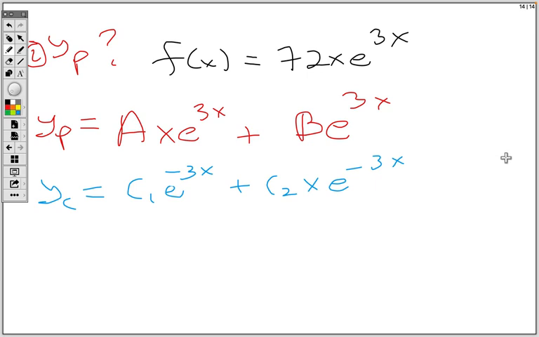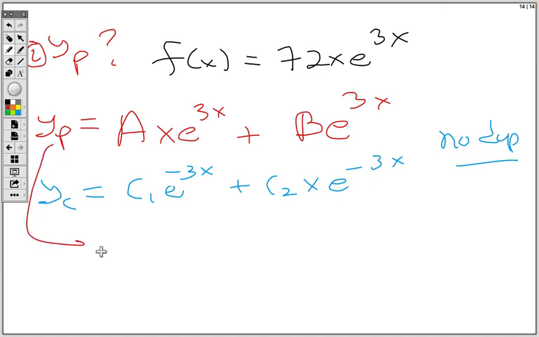Well, actually, no. Yeah, it's close. I mean, the next example we do. But it's close. But these are positive 3s. These are negative 3s. And remember, if the exponentials are different, they're linearly independent. Okay? So we got no duplication. So we're good to go.